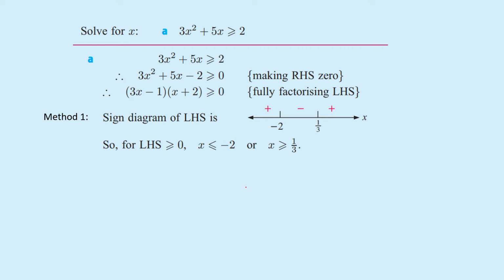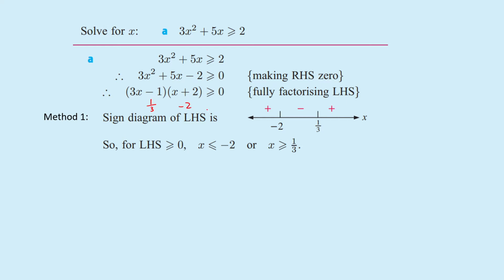In grade 11, we have to learn quadratic inequality. For quadratic inequality, we first move everything to one side, and then either by factoring or by the quadratic formula, we can find the two solutions. For example, in this one, by factoring, we find two solutions, that is 1/3 and -2.